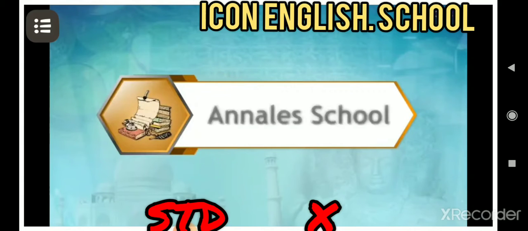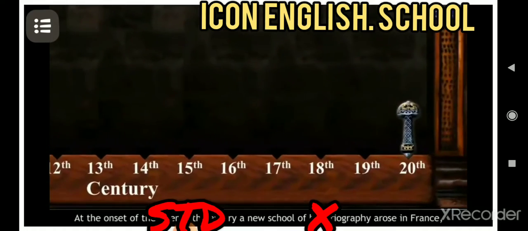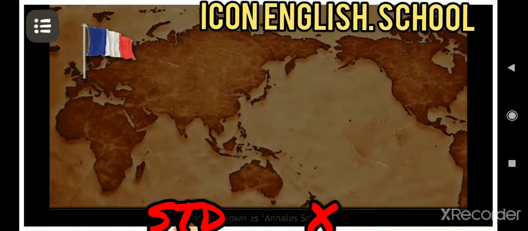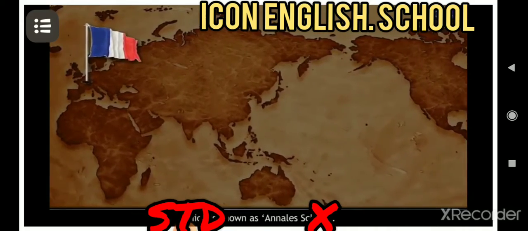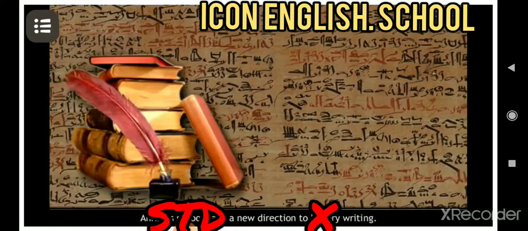Annals School. At the onset of the 20th century, a new school of historiography arose in France, which is known as Annals School. Annals School gave a new direction to history writing.